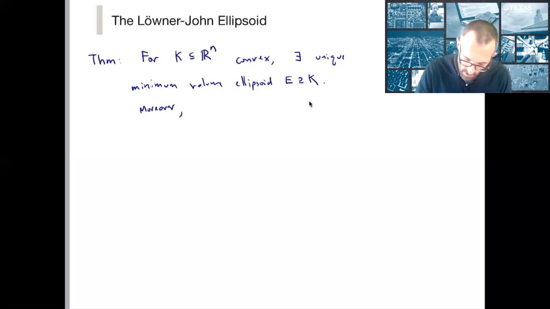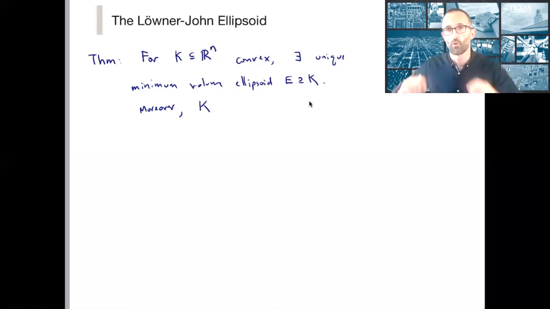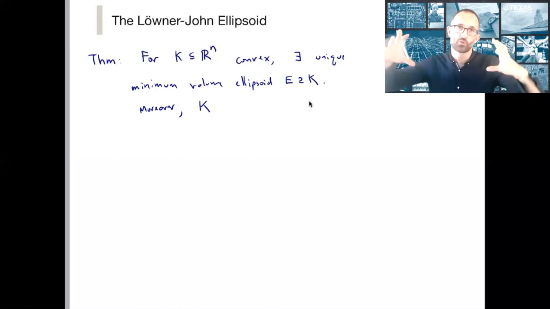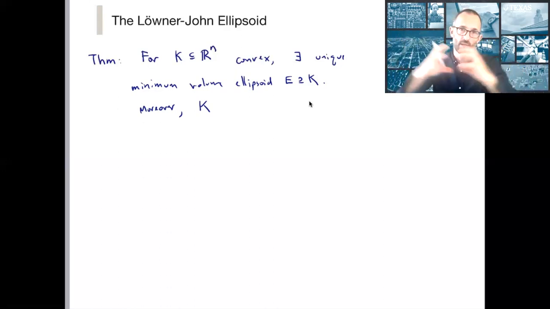So moreover, our convex set K, and you can see also that convexity is required. Otherwise, if you just have 4 points, then the smallest ellipsoid that contains them, the shrinkage of that ellipsoid will not be contained in, of course, those 4 points.